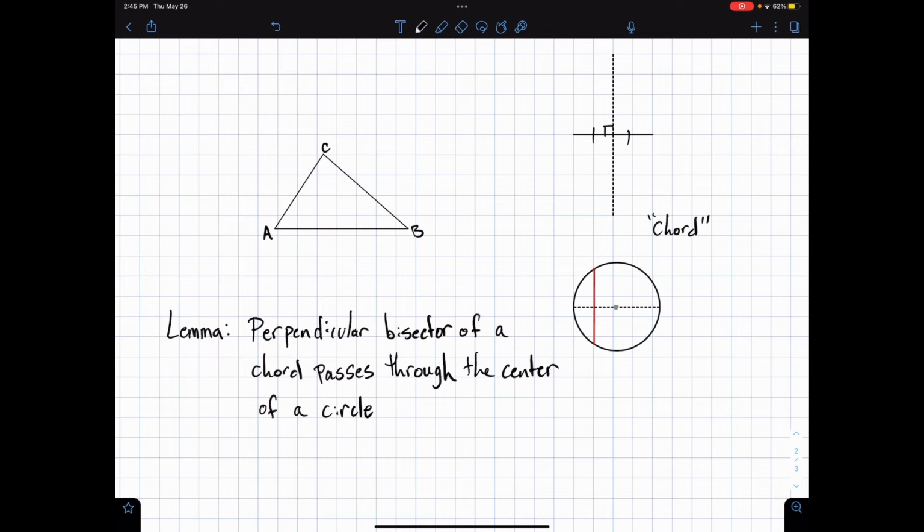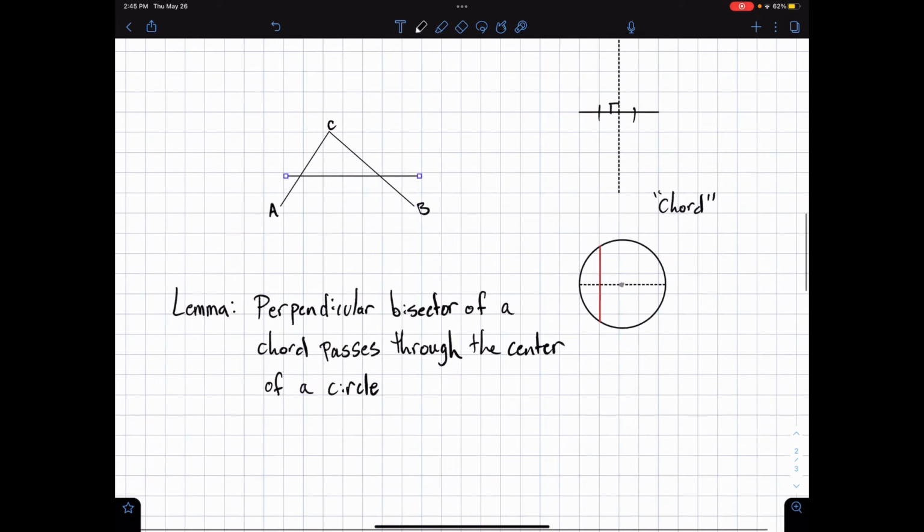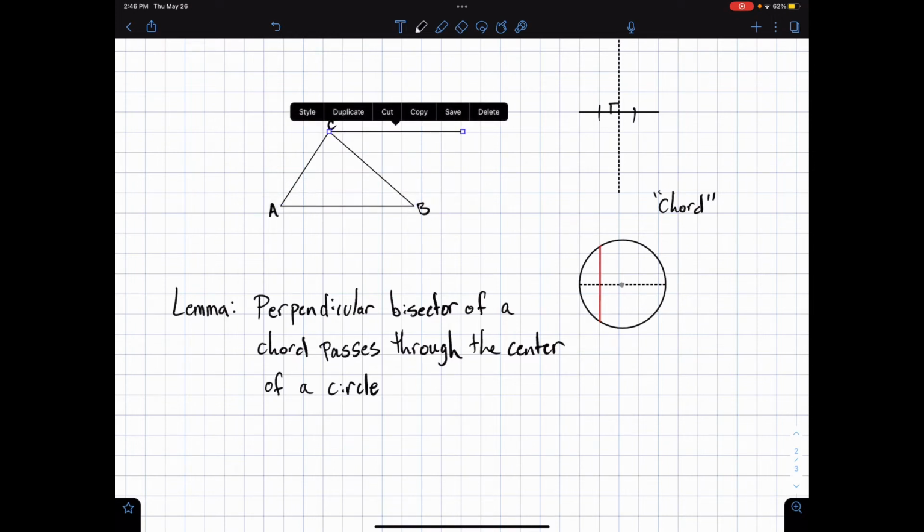So the parallels are the lines that are parallel to one side that pass through the opposite vertex. So, for example, this would be one of the parallels. This would be the parallel of side AB.